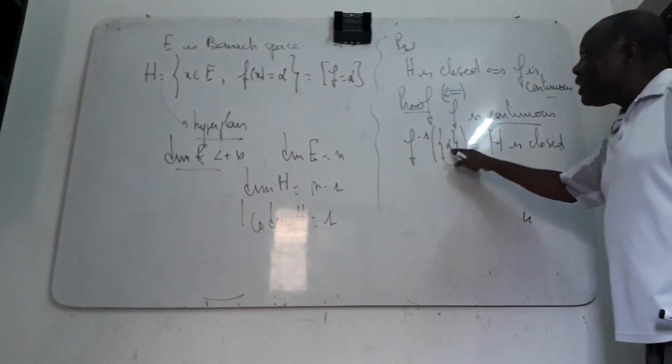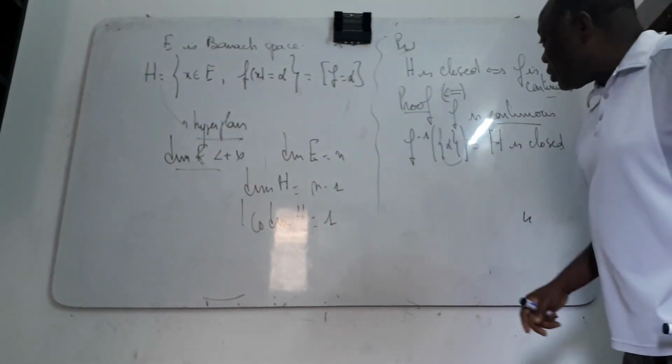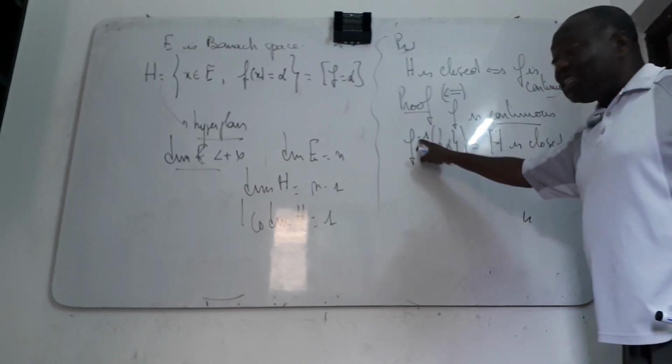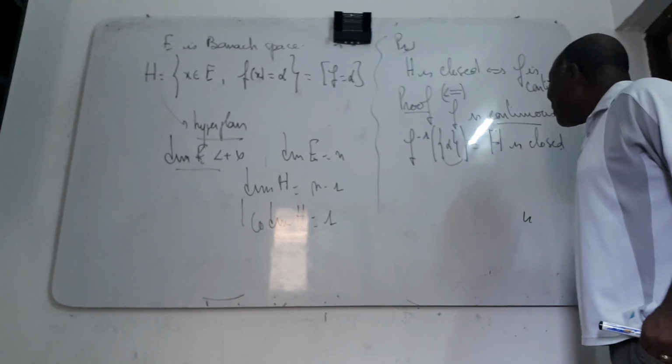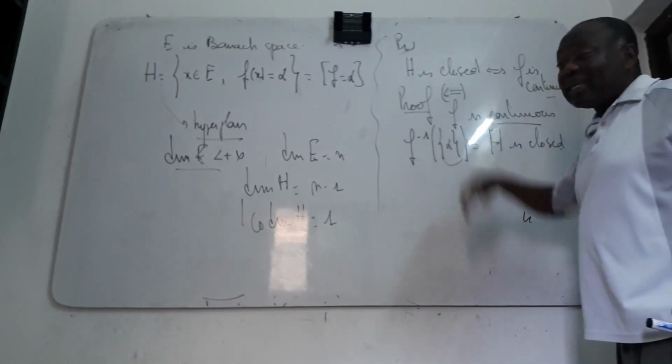Here alpha is an element of R, which is a Hausdorff topological space. The inverse image of a closed subset is necessarily closed. So if f is continuous, necessarily H is closed.